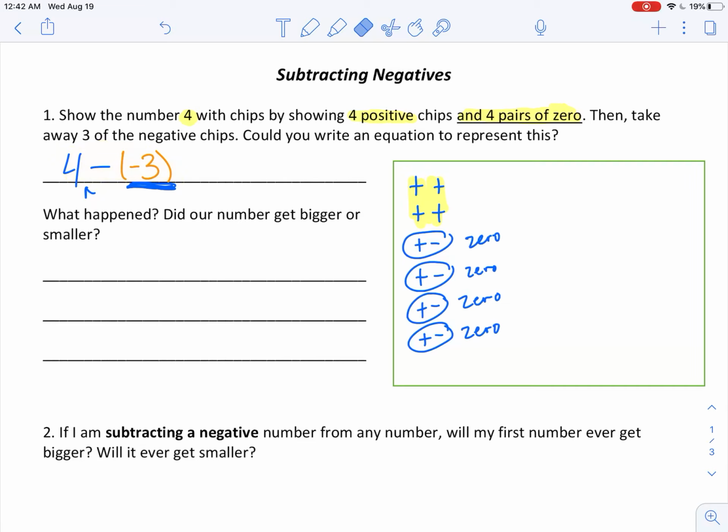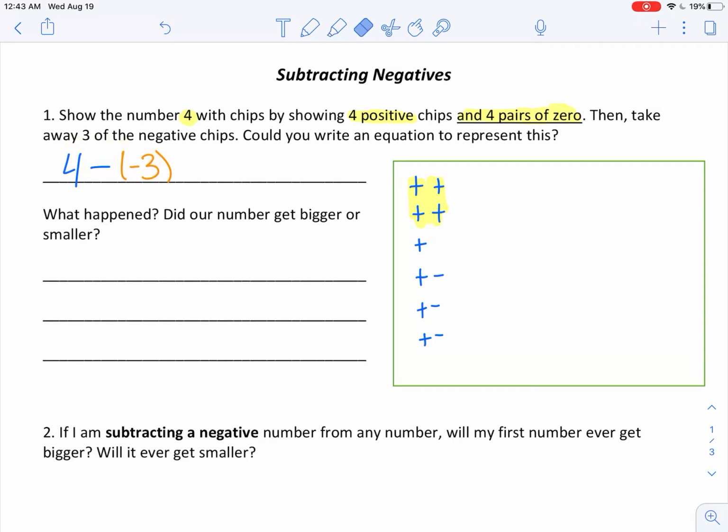So I'm starting with 4 chips, right? Here's my 4, or 4 plus 0 plus 0 plus 0 plus 0. I could make as many zeros as I want, but this is still 4 right here. That still represents 4. Okay, so 4, and I'm going to take away 3 negative chips. So we started with 4, and I am taking away 3 negatives.